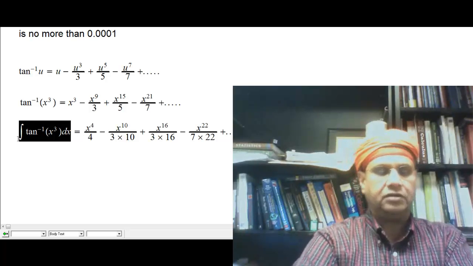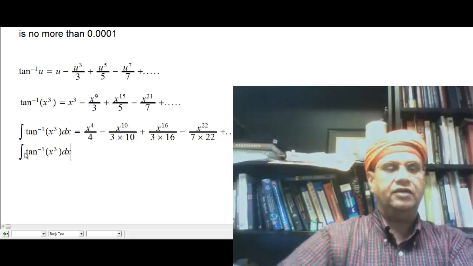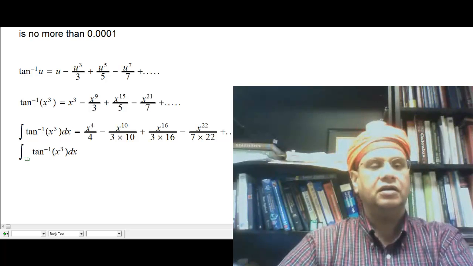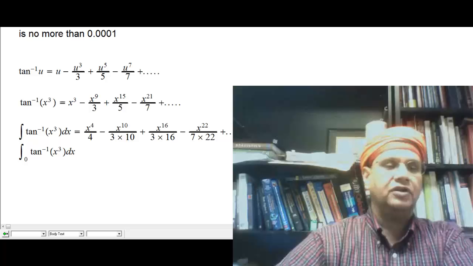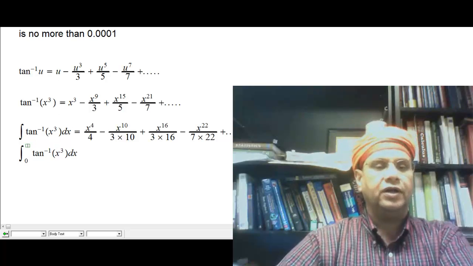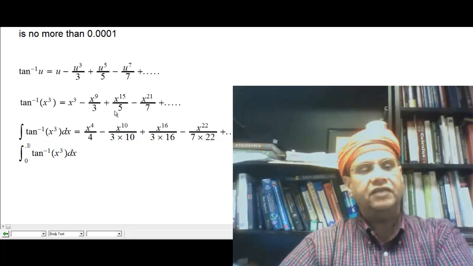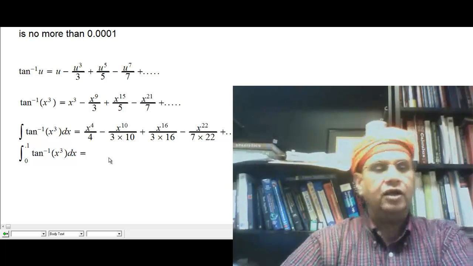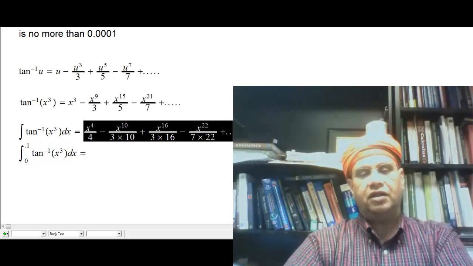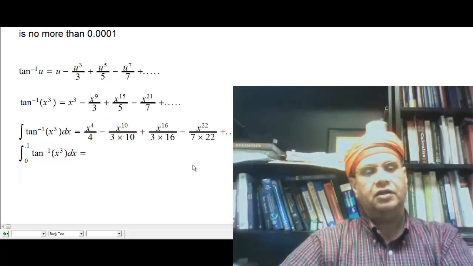If I talk about the definite integral here, we're going from 0 to 0.1. Since the lower limit is 0, everything disappears there.